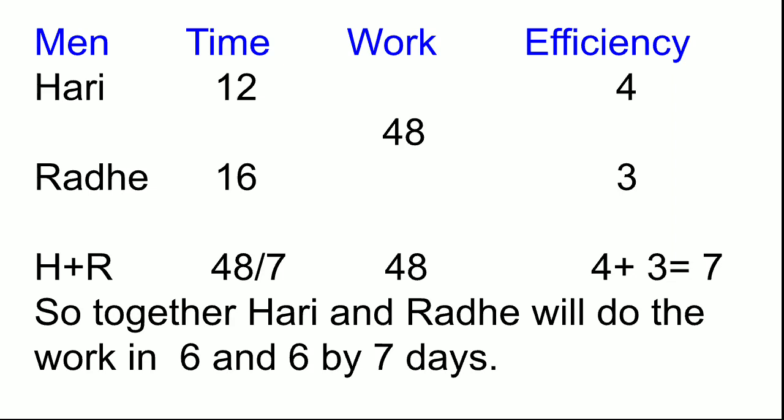Now, Hari and Radhe's combined efficiency becomes 4 plus 3 equal to 7, and total work units are 48. So 48 divided by 7 means 6 and 6 by 7 days is the time taken by Hari and Radhe together to complete the work.